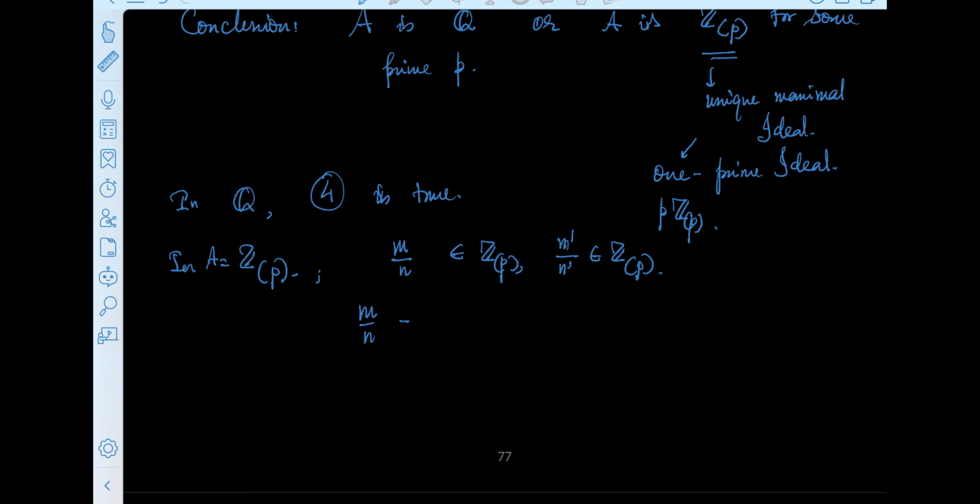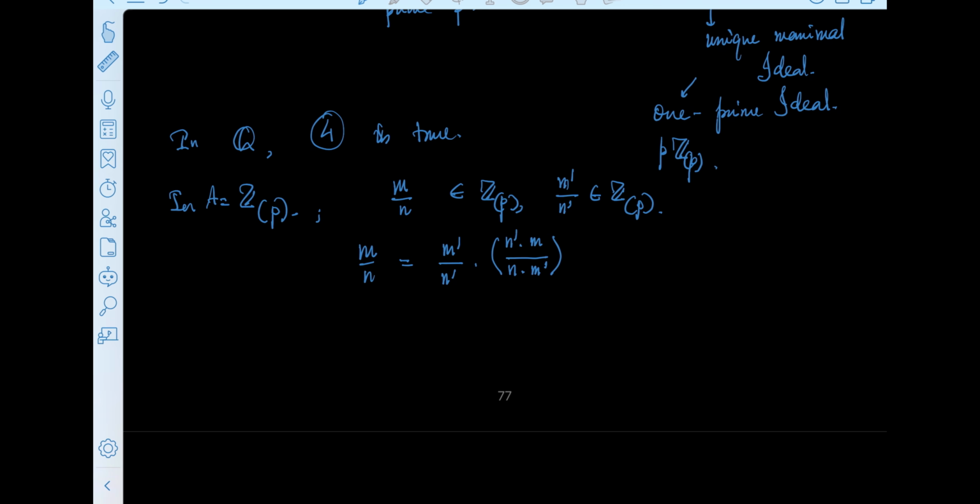Then write m by n equal to m prime by n prime times n m prime divided over n prime m. These are all in reduced form, and as they are inside Z localized at p, p does not divide n, p does not divide n prime.